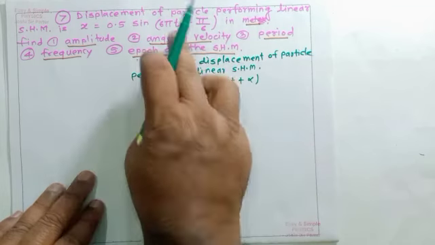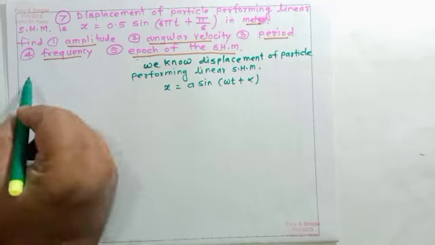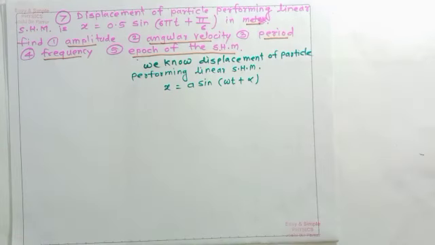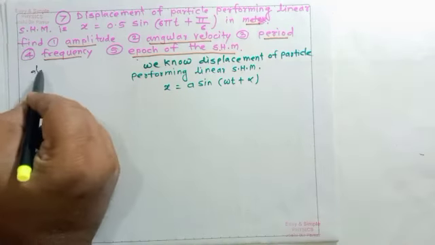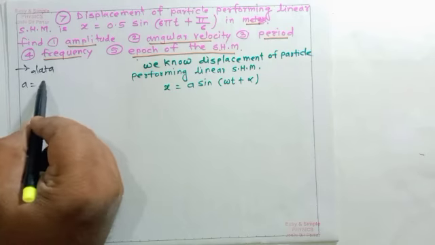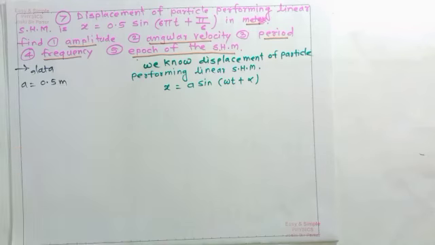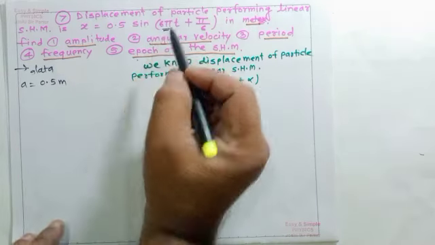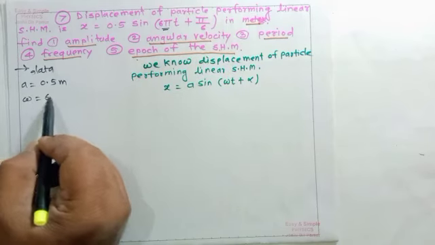By comparing with the given equation, here we can write the data. First, A is given as 0.5 meter. Here, by comparing, omega is 6 pi.